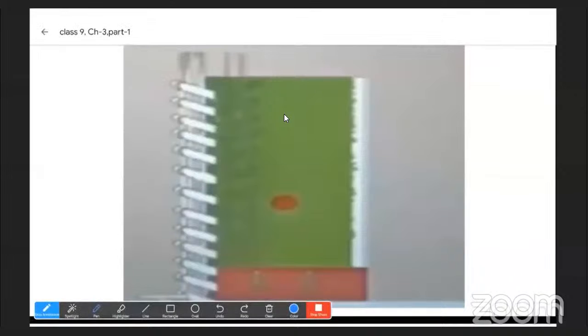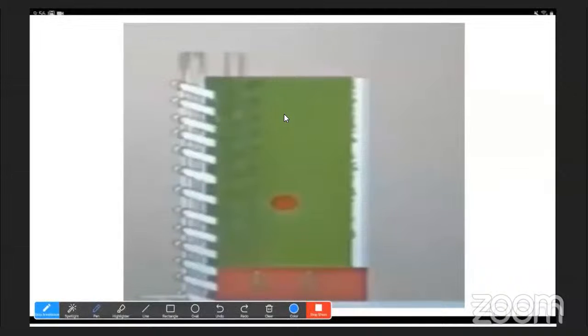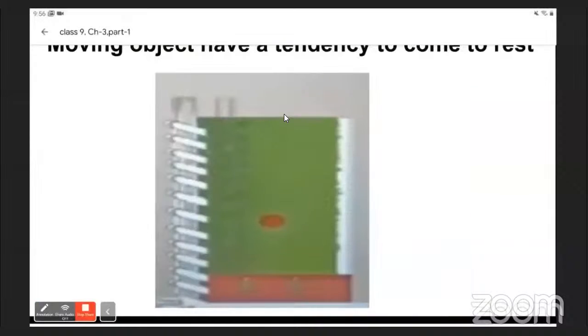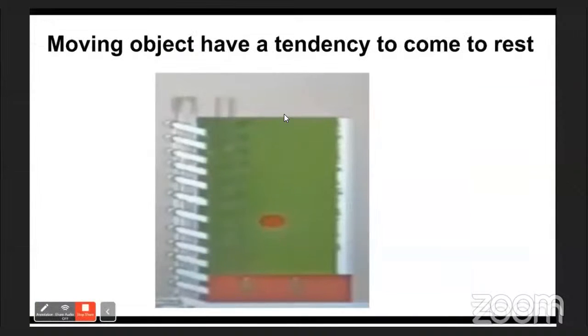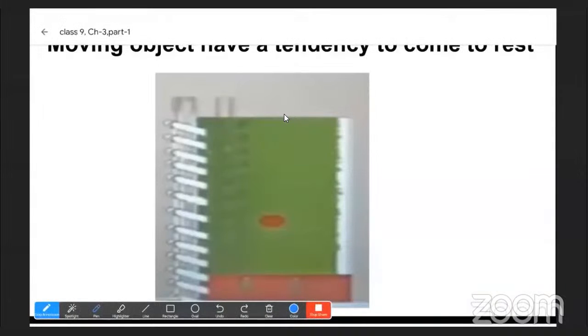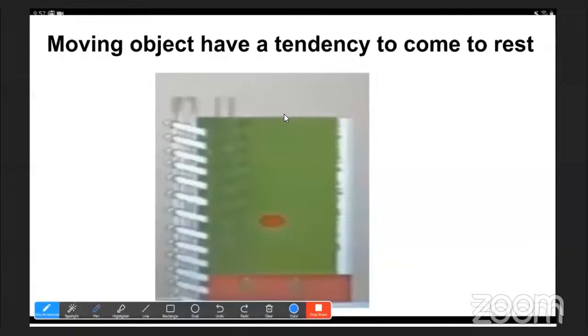This ball will not move continuously. So, moving objects have a tendency to come to rest after a certain time.